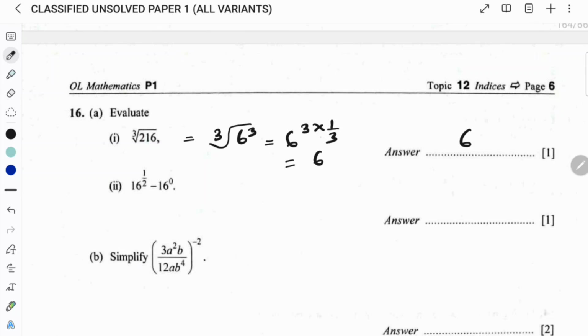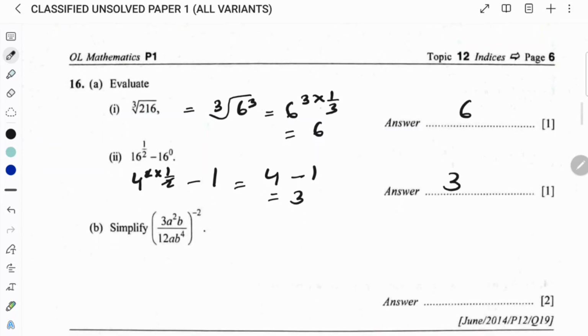In this one, we don't apply the indices rule, because the rule of adding or subtracting the power is only for multiplication and division. So write down 16 to the power half, 4 square to the power half, minus 16 to the power 0 is 1. Cancel, that is only 4 minus 1, that is equal to 3, answer.